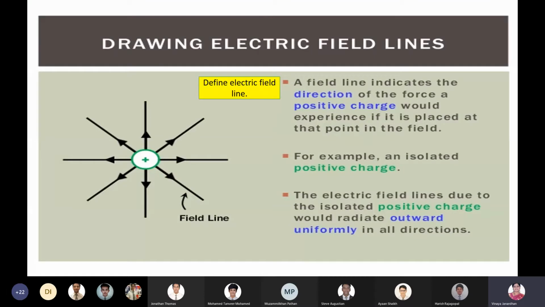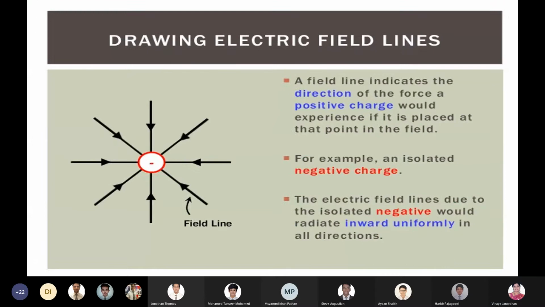What will be the electric field lines for a negative charge? So this is for an isolated negative charge. Here, if I keep a unit positive charge over here, it naturally gets attracted.